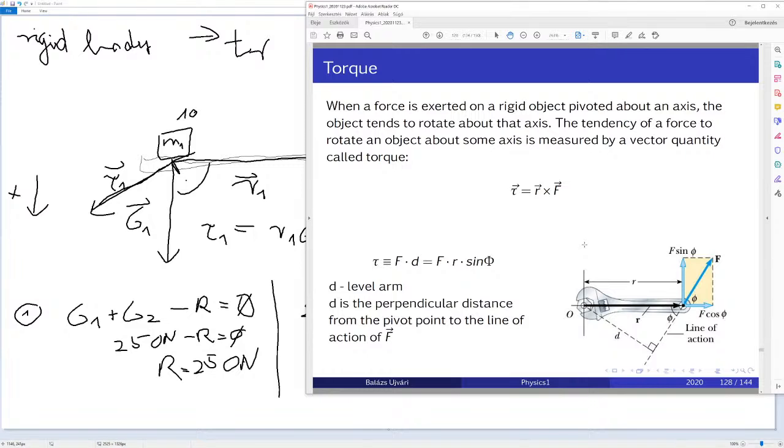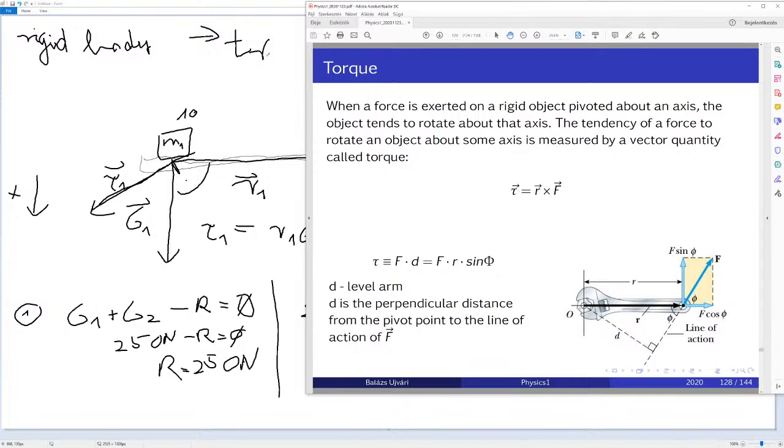What is your distance from your table if you are at the table? Waiting for answer in Discord. What is the lever arm?